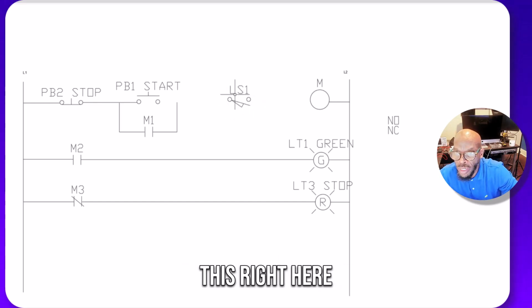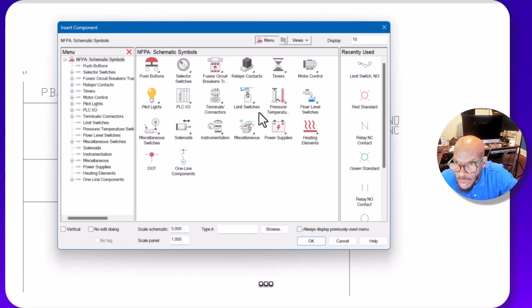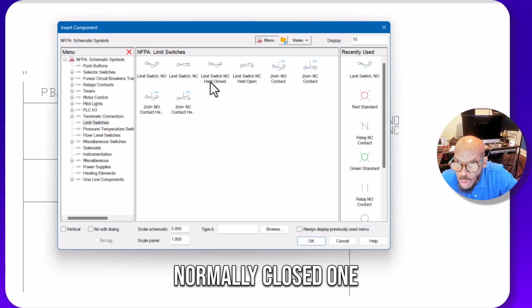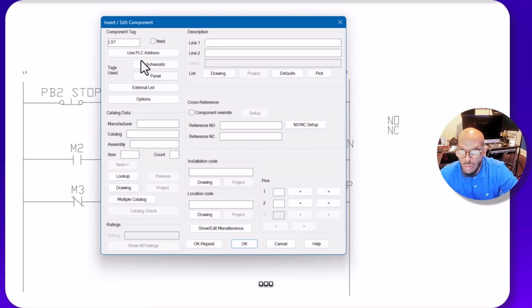So let's do this right here. Let's put in one like so. Limit switch, we're going to put in a normally closed one, limit switch number 1.